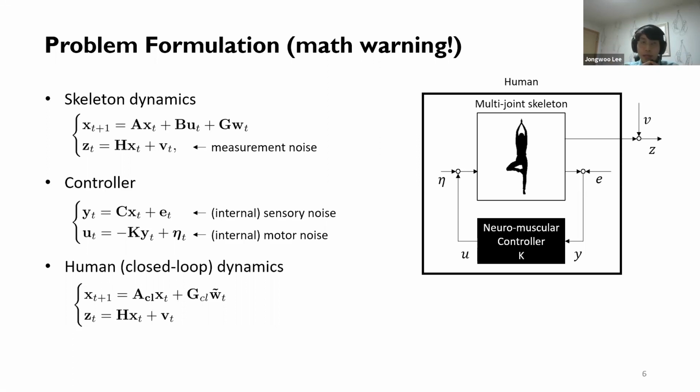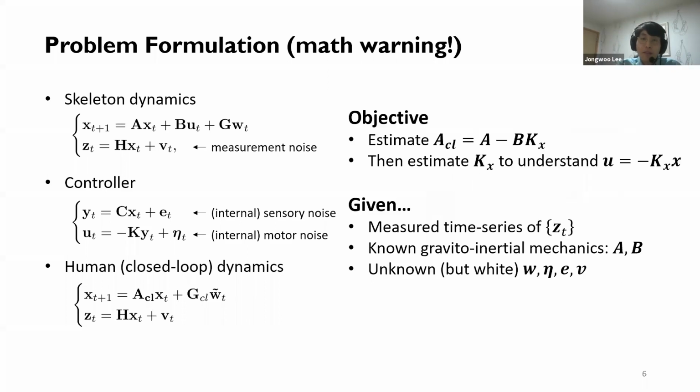Together, we can summarize all of this as the closed-loop dynamics of the human body system. Now our objective is to estimate the closed-loop dynamics A_CL, and then estimate the controller gain K to understand what control strategy the human subjects are using.